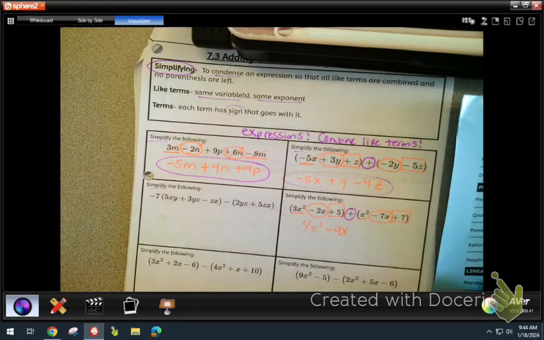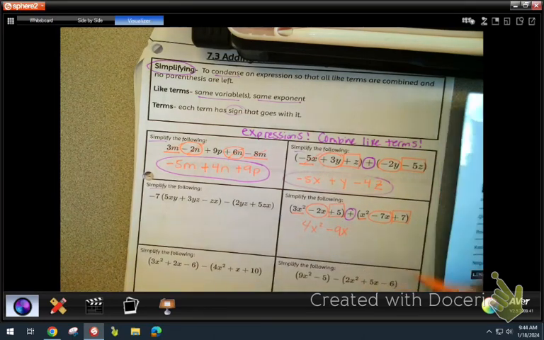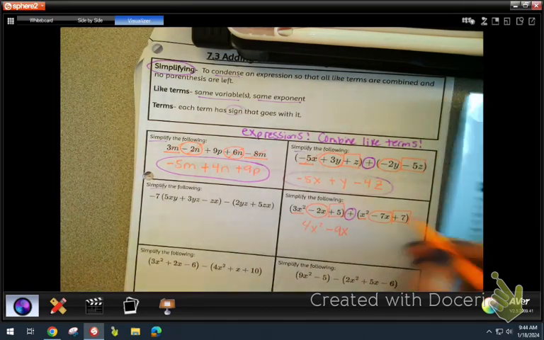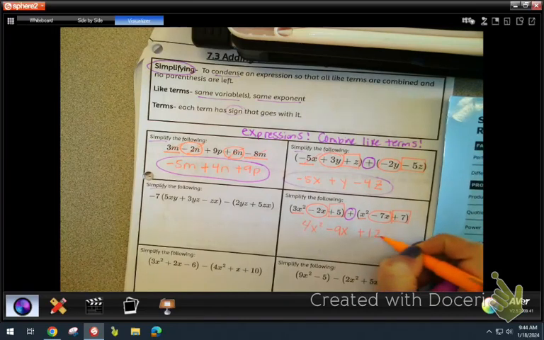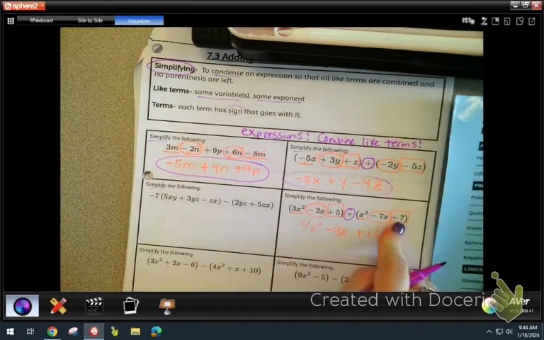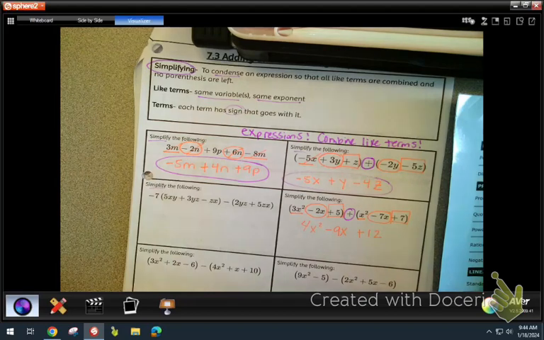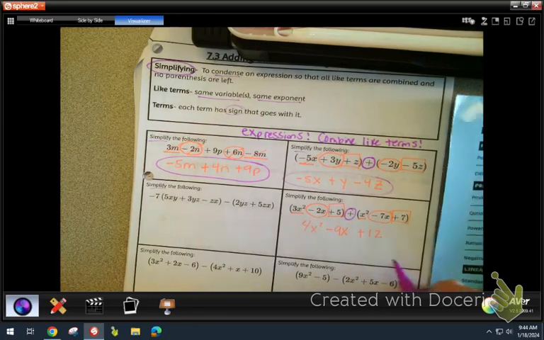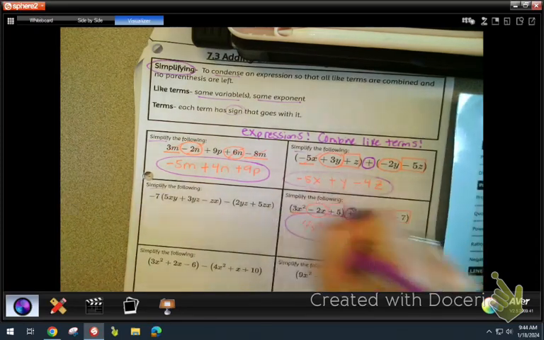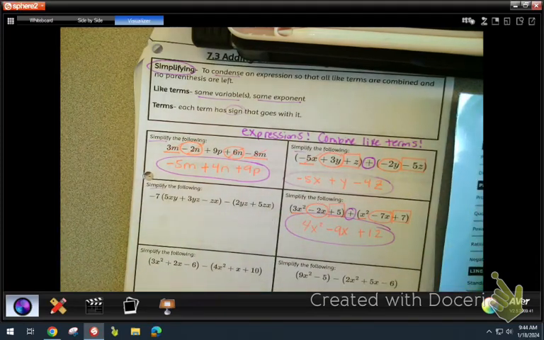What do they combine to be? Well, what's 5 plus 7? Negative 2 plus negative 7. Are you doing minus negative 7? It's negative 2 plus negative 7. And so here we get here. Okay?